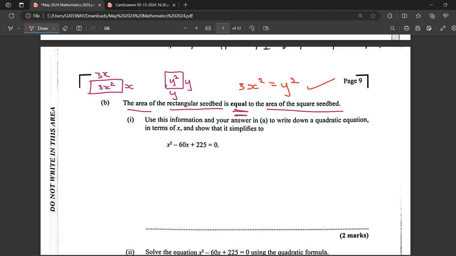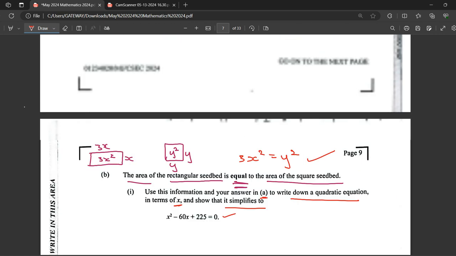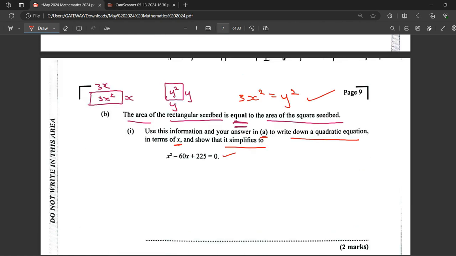They say use this information and your answer in A to write down a quadratic equation in terms of x and show that it simplifies to this here. So they give you the answer, we just have to prove it. If we notice, previously we had y is equal to negative 2x plus 15, and we have y squared is equal to 3x squared.